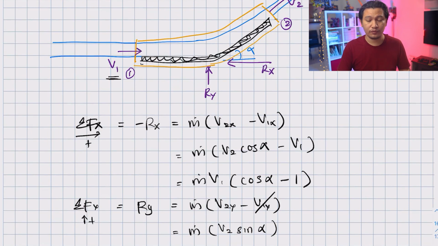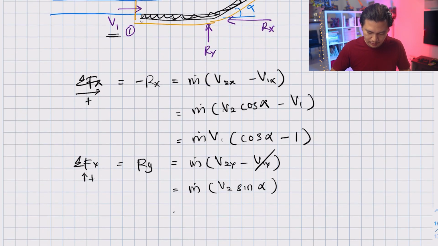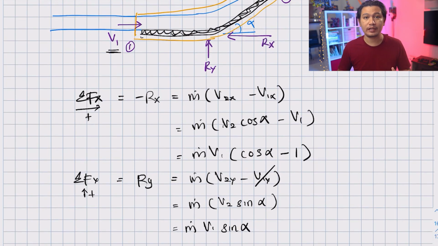Since V2 is equal to V1, I can also write this as m dot V1 sine alpha. So when you have the stationary deflector, the equations for Rx and Ry to keep the deflector in place are this equation and also this equation.